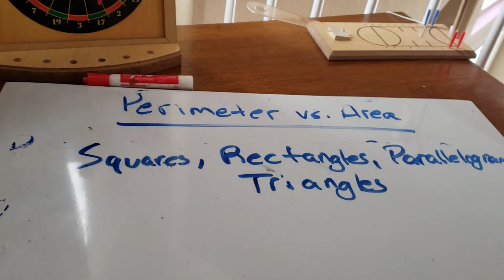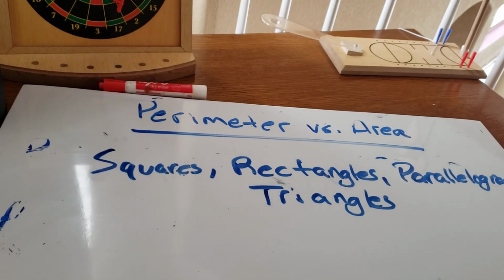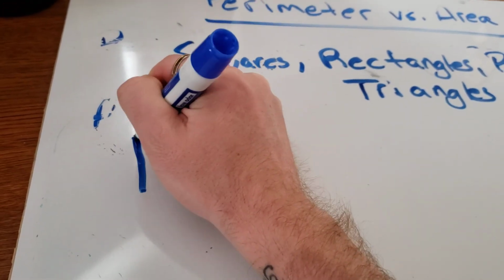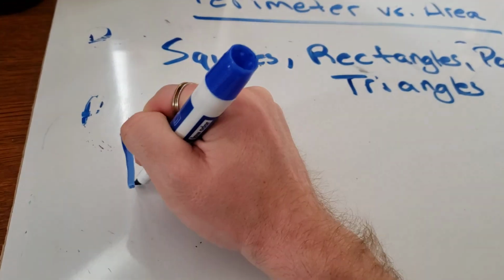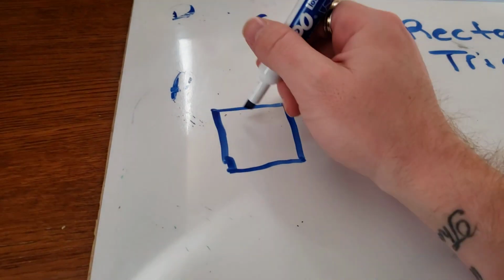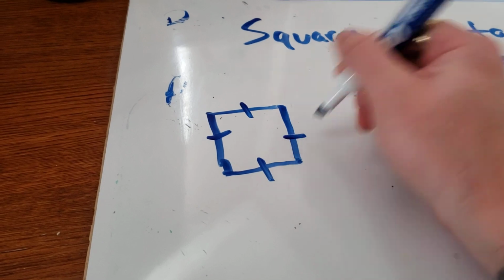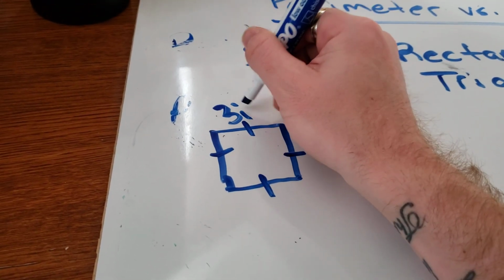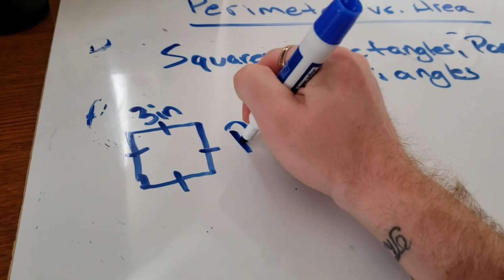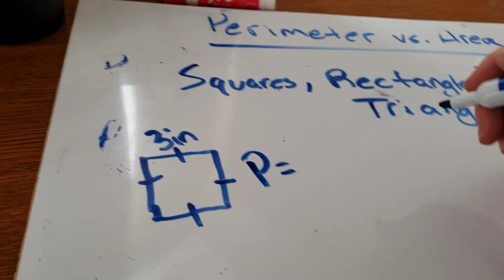To find perimeter, you take all of the sides and you add them up. So if we have a square and we know that the side length of the square is 3 inches, to find the perimeter, we would add up all of the sides.